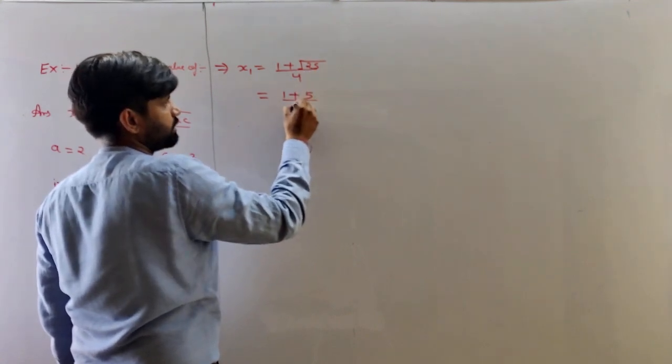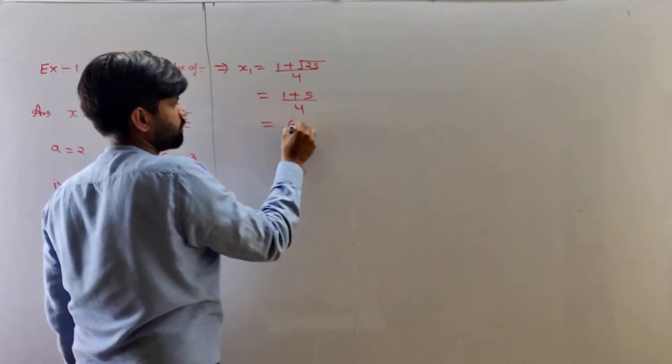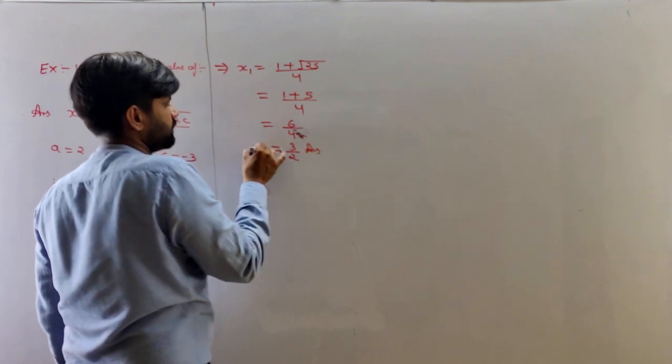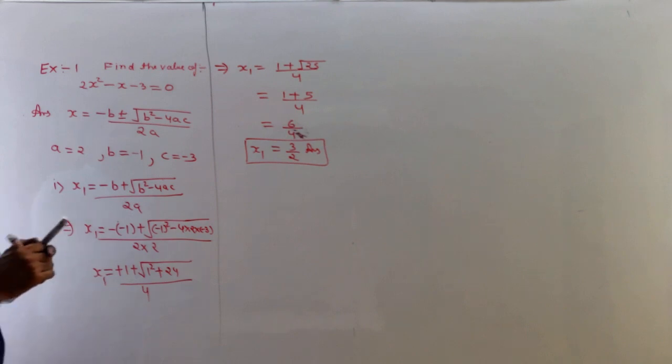So -1 + 5 = 4, which gives 4/4... so here is the value of x1, and the first value of x is 3/2.